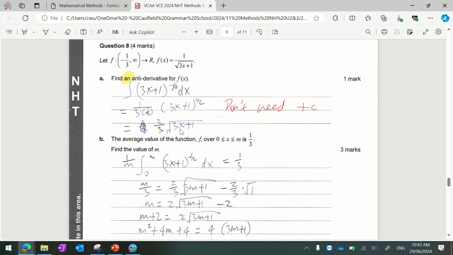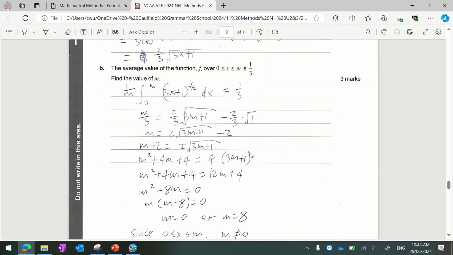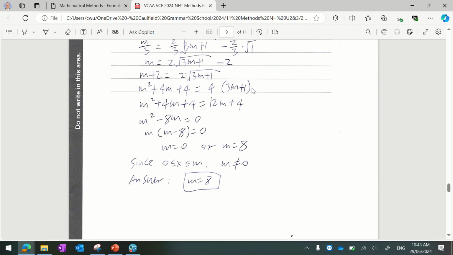But I am substituting m into my antiderivative, minus substitute 0 into the antiderivative. So I get this. This step is after I antidifferentiate and I substitute m minus substitute 0. And then clean everything up, times 3 on both sides, and then move things around. Eventually, I'm going to get a quadratic.